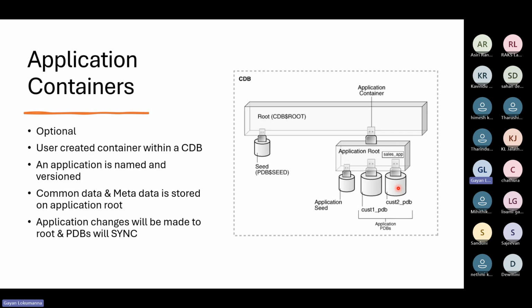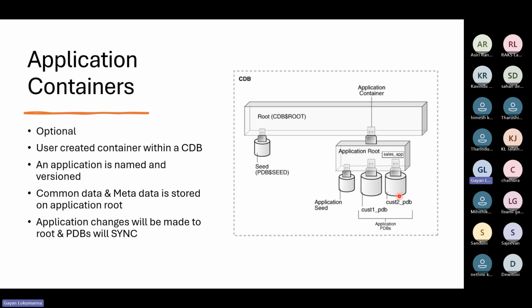Are you going to do the synchronization for both these pluggable databases, or only on one? That is something you can decide. And there is something called data linked objects. We have metadata linked objects, where maybe the application root has some metadata information, or a definition of a table that is exposed to this pluggable database.